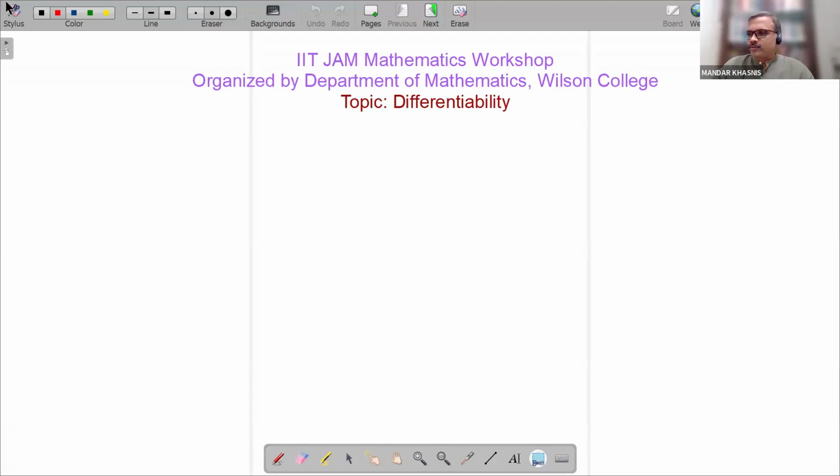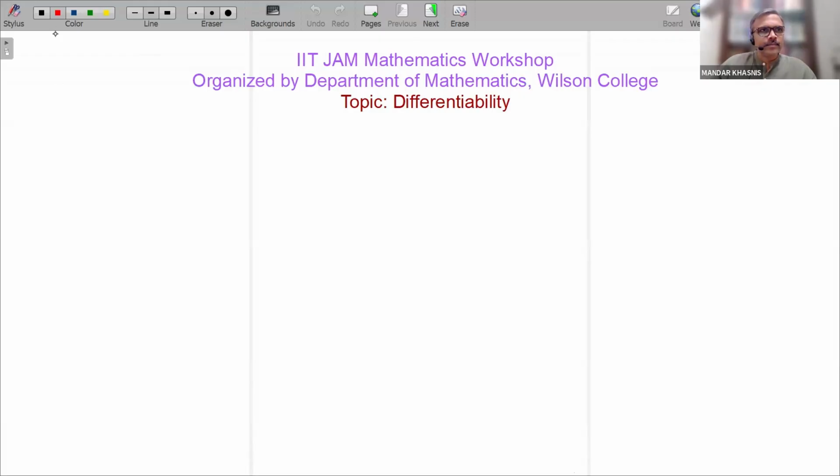All right. So first question first. Suppose let us take a function f, for the time being, from R to R, and let us fix some point, say p in R. Simple question: when do we say f is differentiable at p?